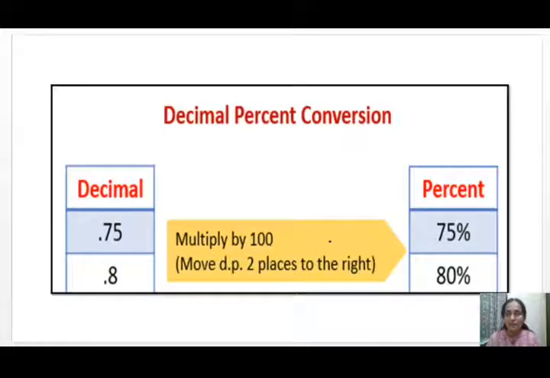Multiply by 100, then write the percent symbol instead of the denominator. First multiply by 100, move the decimal point 2 digits right. For the denominator 100, you have to use the percent symbol. It is 75%.